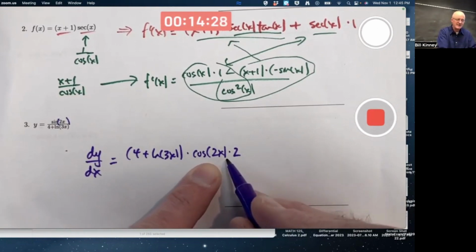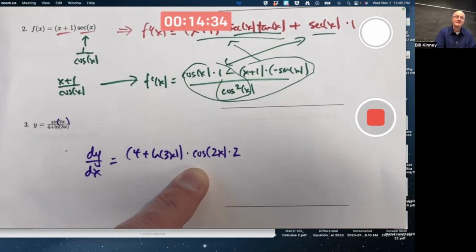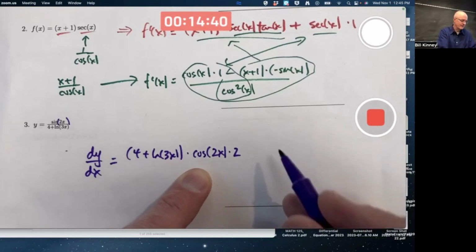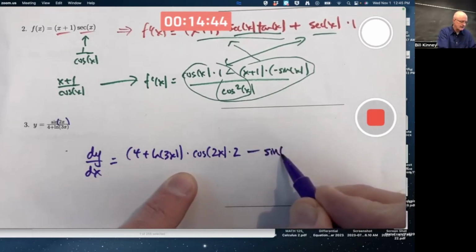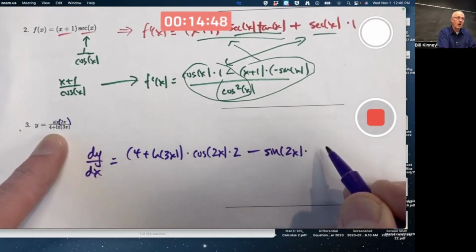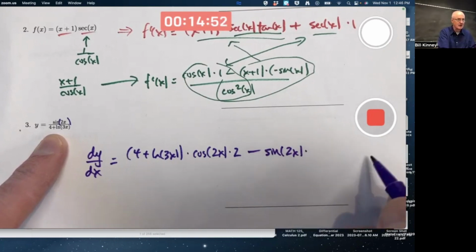If you don't have parentheses there, the implication is kind of like do 2x times 2 first, then take the cosine, which is not what this is. This is cosine of 2x, then multiply by 2. That's low d high minus high d low. The derivative of 4 is 0, so you can get away with not having parentheses here, because the derivative of 4 is 0.